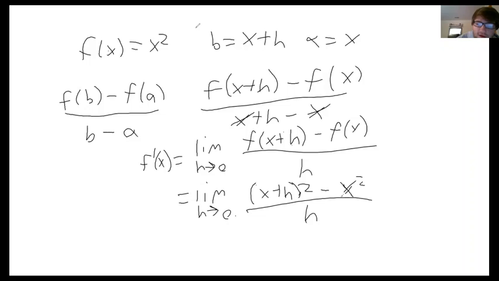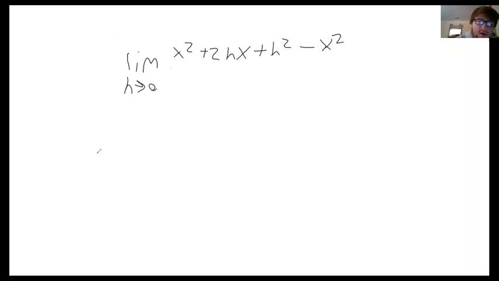And we can go ahead and simplify this. So continuing, we have limit as h approaches 0 of, if we FOIL out what we have before, x squared plus 2hx plus h squared minus x squared, which is from our f of x, and that's all going to be over h. So if you notice, we can cancel the x squared minus x squared.